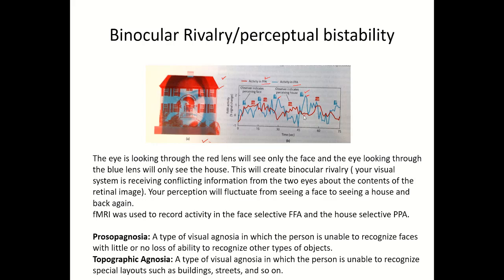And the activity of the parahippocampal place area was weak. And then when the subject was paying attention to the house, we see that the parahippocampal place area activity increased on some occasions. Here you see more clear, okay, and the face area is weaker. So that is a nice experiment on a human subject. And both areas, you know, are located in the lower part of the temporal lobe, the inferior temporal area.